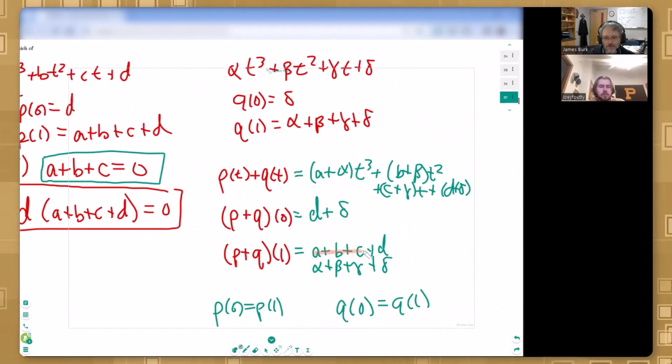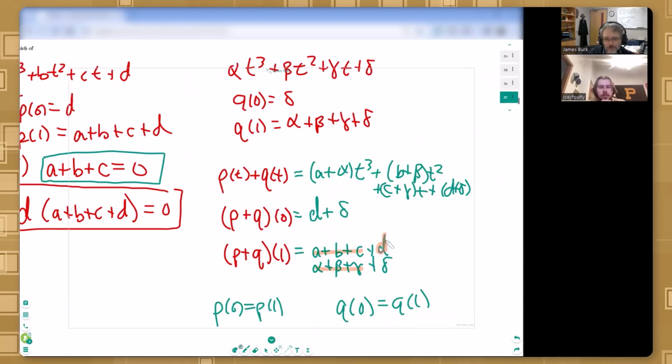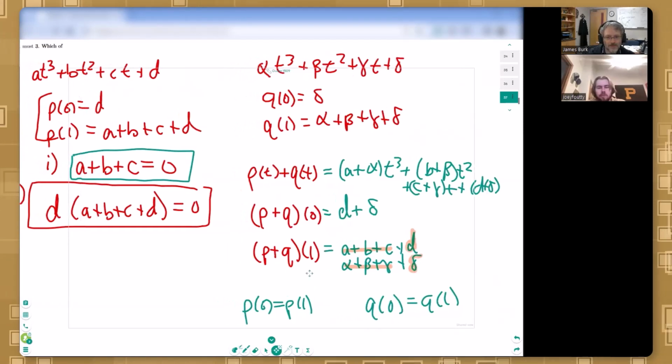That part right there is equal to 0. And the alpha plus beta plus gamma would have to 0 out. And the question is, does that imply that d and delta have to be the same? That's the only hint here in the end.